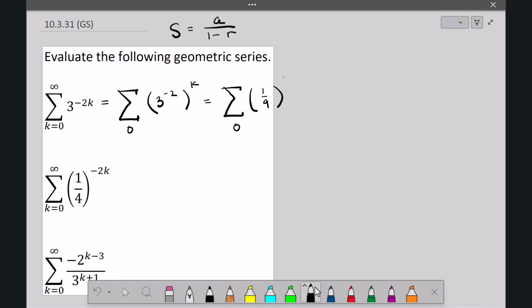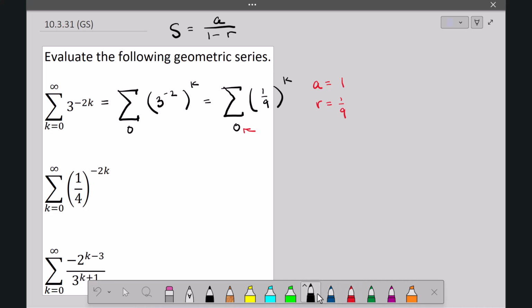So now we're in the standard form for an infinite geometric series, and we can identify A and we can identify R. So A is the first term of the series, which is going to be 1. We plug in 0 for k to get A. The common ratio, when we have an exponent of k, is going to be whatever is in the parentheses down here. So that common ratio is 1/9.